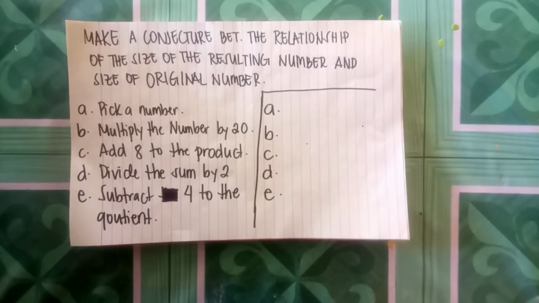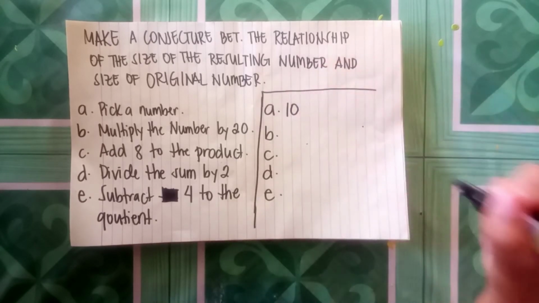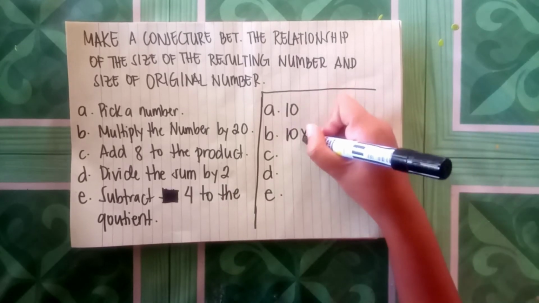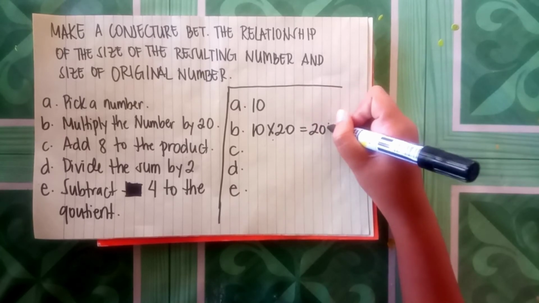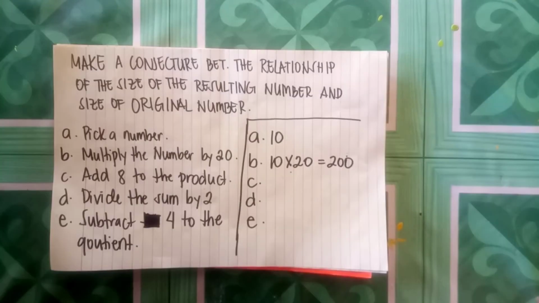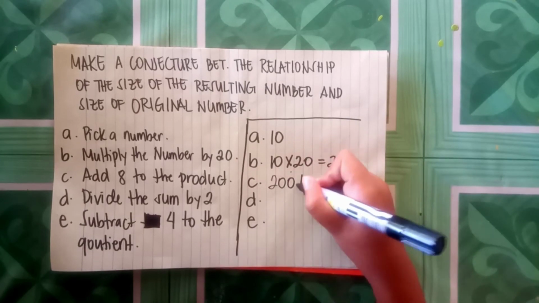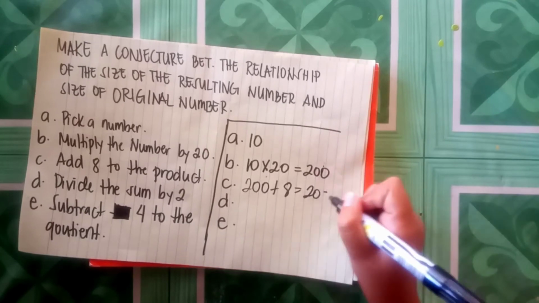We will use the number 10 as our original number. So A is 10. Multiply the number by 20. So 10 times 20 is equal to 200. Add 8 to the product. So 200 plus 8 is equal to 208.